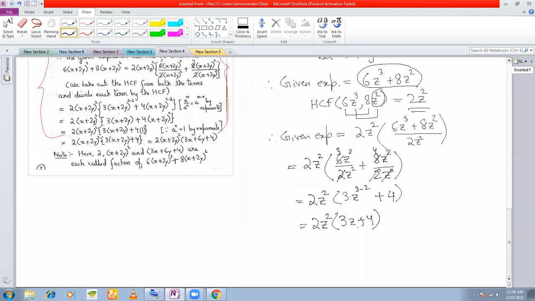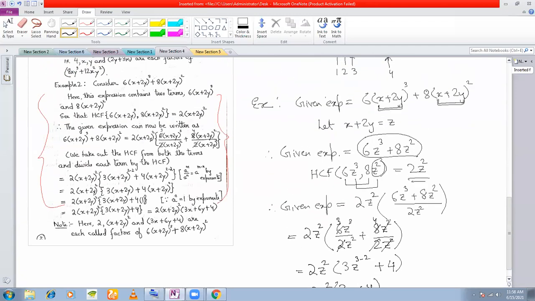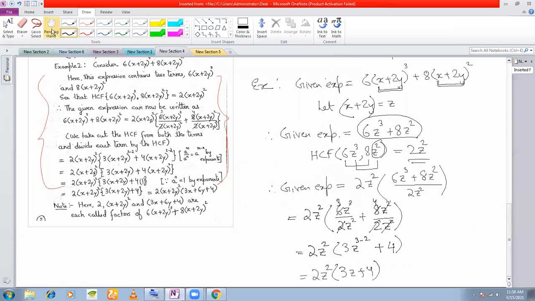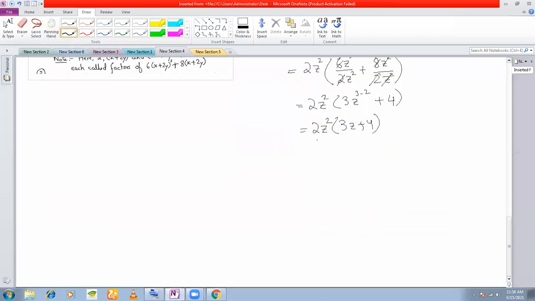Okay, and since this has been factorized, do not forget to put back the value of z. What is the value of z we had taken? We had taken x plus 2y. So we put back the value of z. So this is x plus 2y whole square. And you have 3 times the value of z, which is x plus 2y. See how I'm using the brackets?